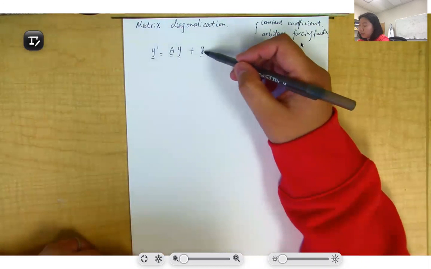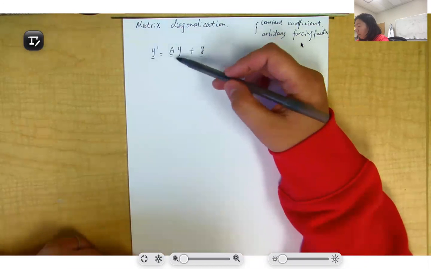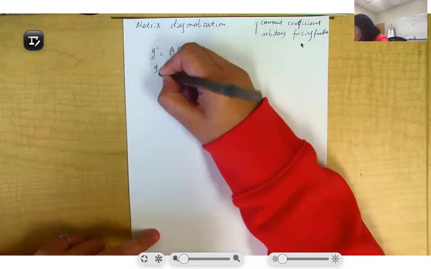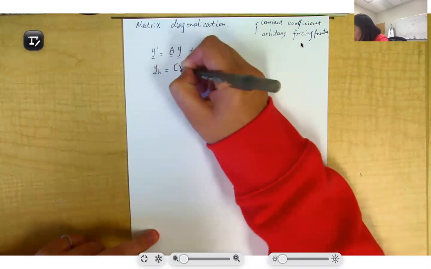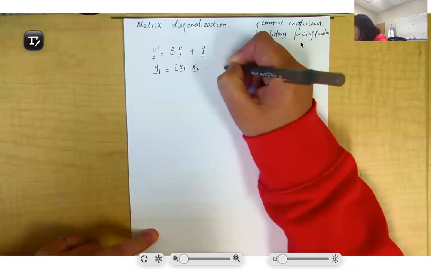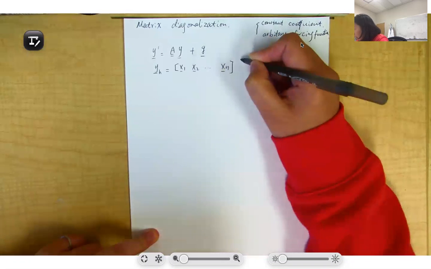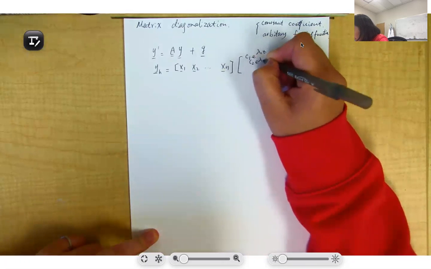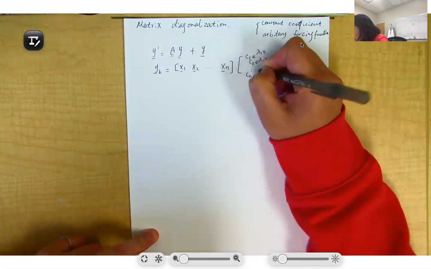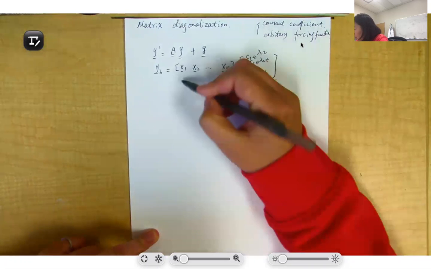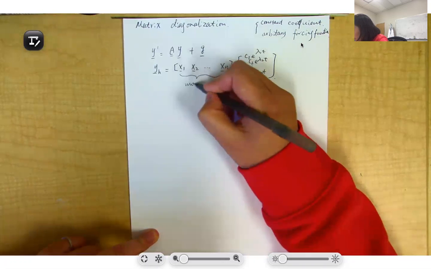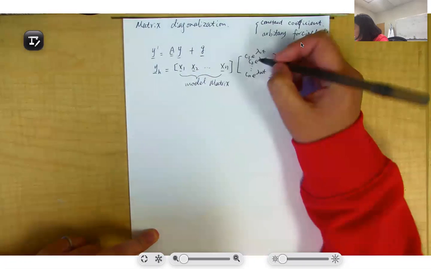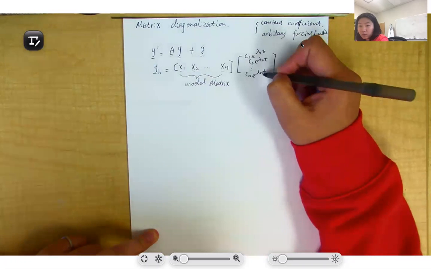When g equals 0, y prime equals Ay gives you the homogeneous solution, which looks like the matrix [x1, x2, ..., xn] times [c1 e^(λ1 t), c2 e^(λ2 t), ..., cn e^(λn t)], where the first part is your model matrix constructed by all the eigenvectors, and λ1 to λn are your eigenvalues.